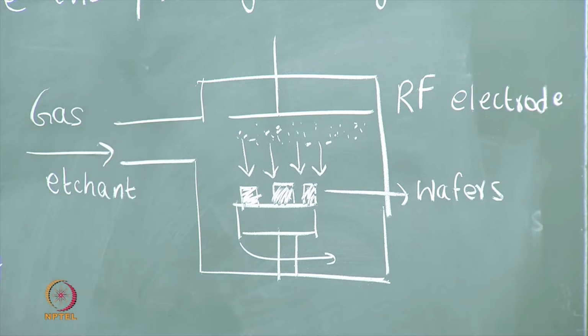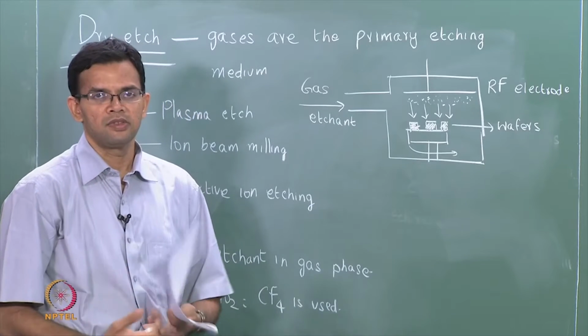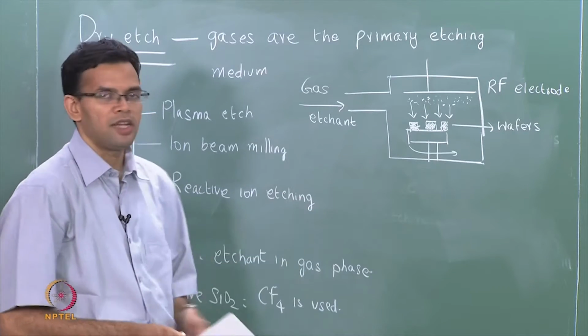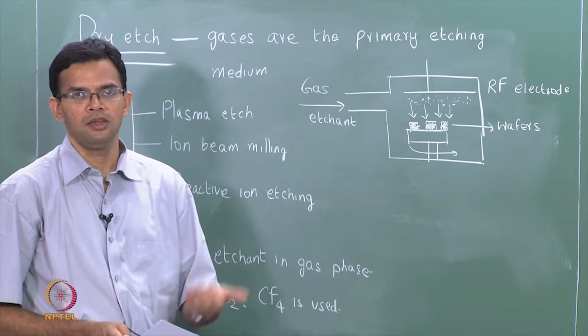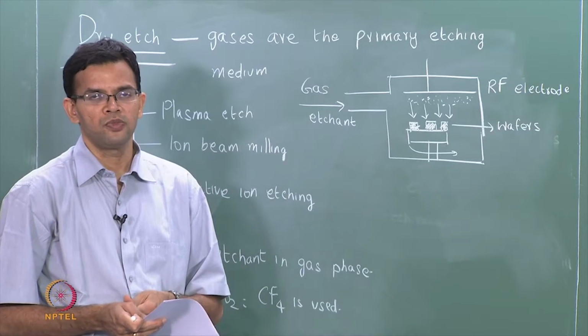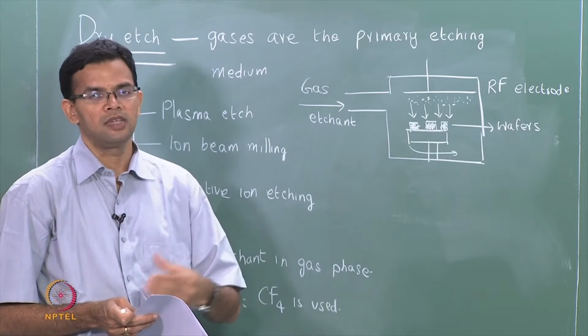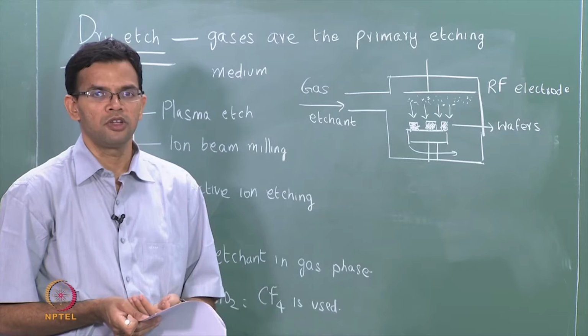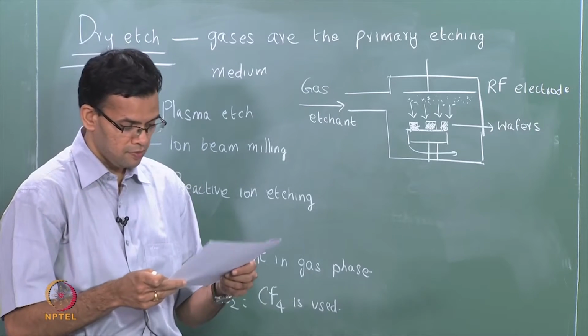This then attacks the wafers and reacts with the silicon dioxide and removes the material. You can protect the surface of the wafers usually by using a photoresist, so that once again you can have a window, and wherever the layer is exposed it is removed, and wherever it is protected by the photoresist the material is still there.